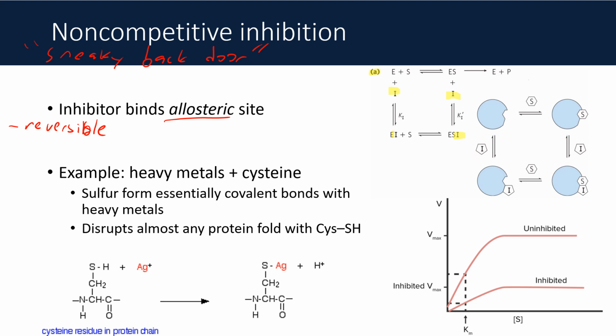However, what if we increase the concentration of the enzyme itself? If we do that, well, the non-competitive inhibitor can only be in so many back doors at a time. So the solution is to increase the concentration of enzyme.